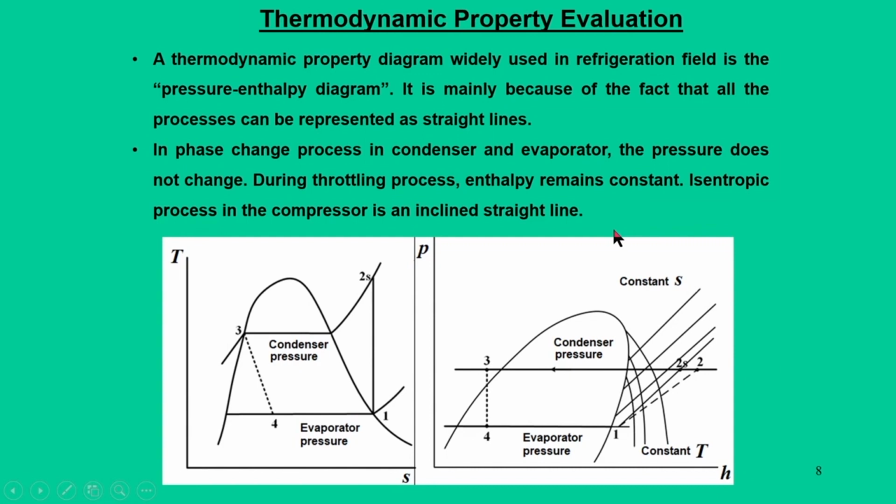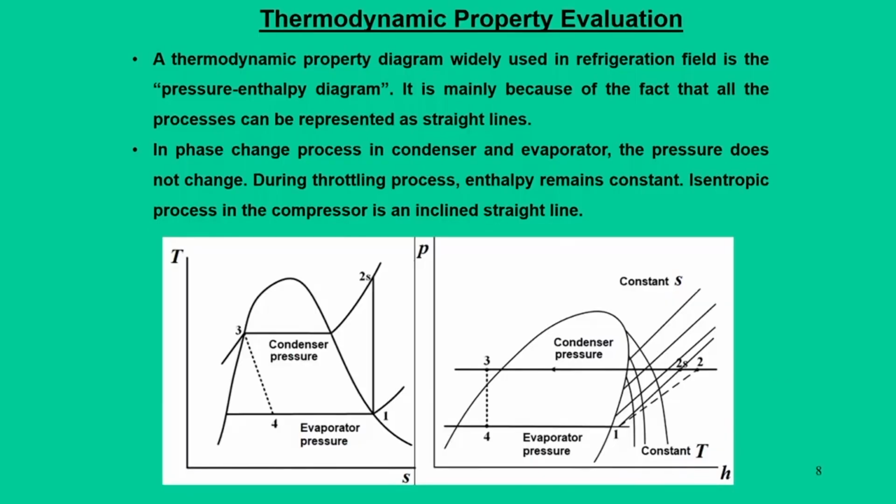Now, we will move to the thermodynamic property evaluations. As I mentioned in our earlier analysis, whether it is an ideal vapor compression system or an actual vapor compression system, in order to know the performance of each component like condenser, evaporator, throttling valve and compressor, we require the evaluation of property values at state points.